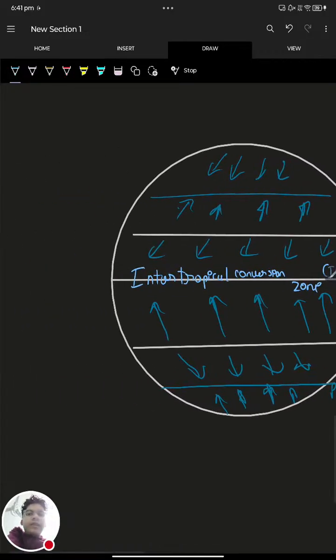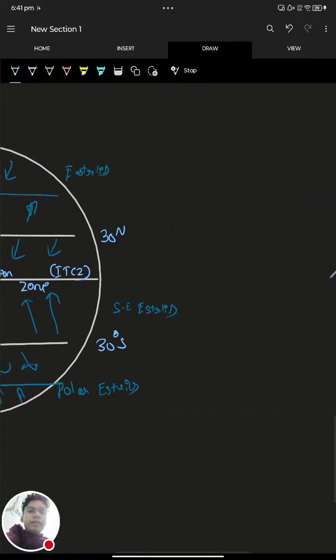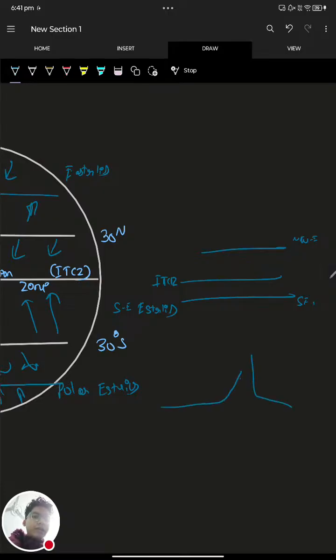So when these two are at the center with the intertropical convergence zone, the northwestern easterlies and the southeastern easterlies collide. When the hot air and cold air collide, they make convectional rainfall.